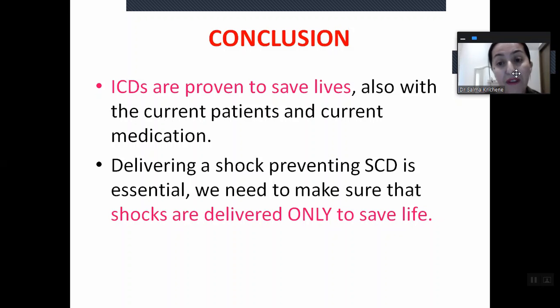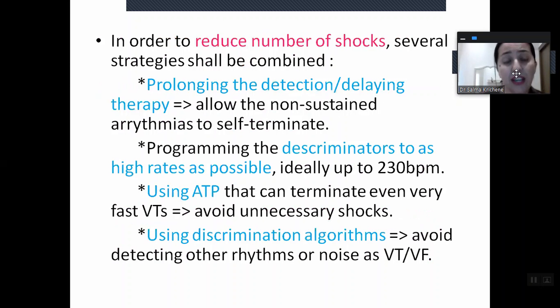Delivering a shock, preventing sudden cardiac death is essential, but we need to make sure that shocks are delivered only to save life. In order to reduce the number of shocks, several strategies should be combined. One, prolonging the detection or delaying therapy.